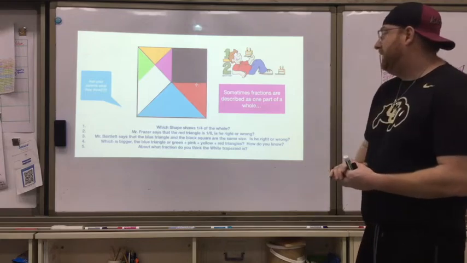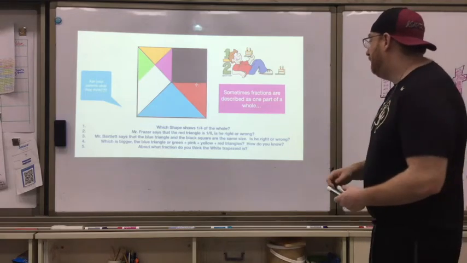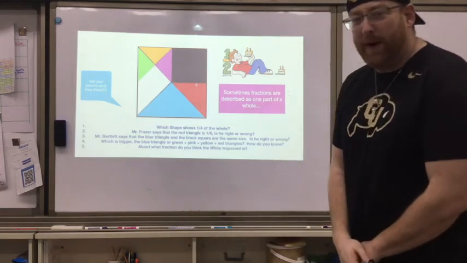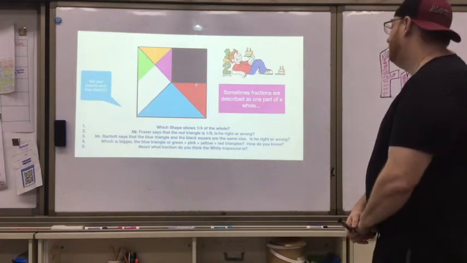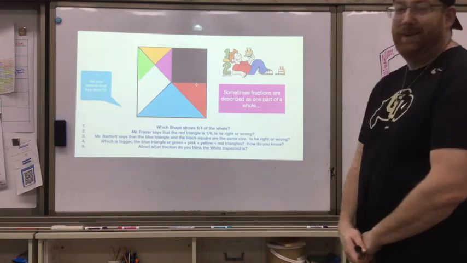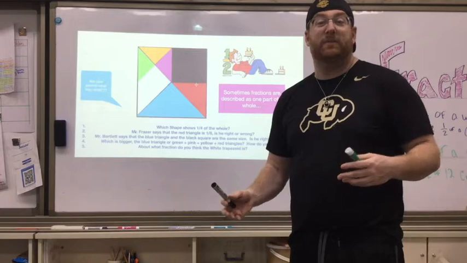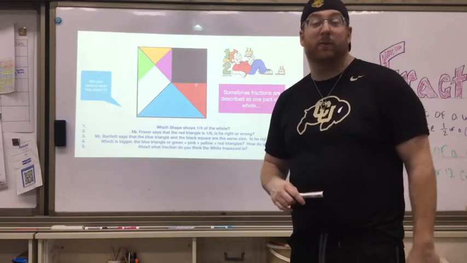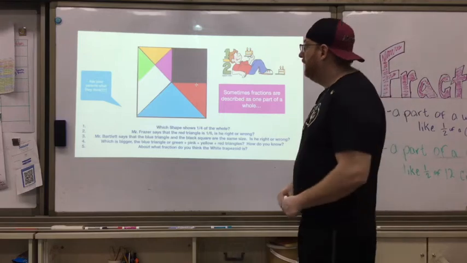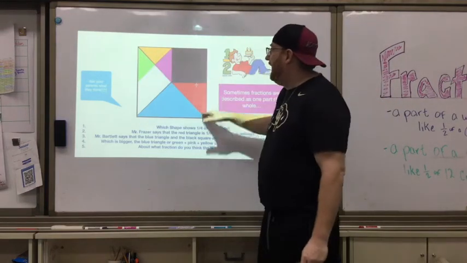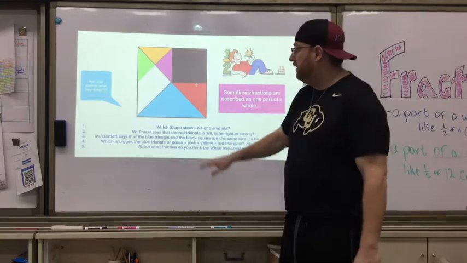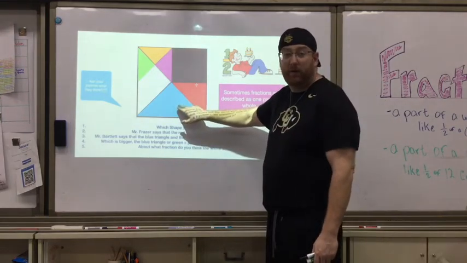Mr. Bartlett says that the blue triangle and the black square are the same size. Is he right? Well, if you were listening to me explain the answer to number 1, he is right. They're both 1/4. If you cut the square at diagonals, you would make 4 equal triangles, which would be 1/4.